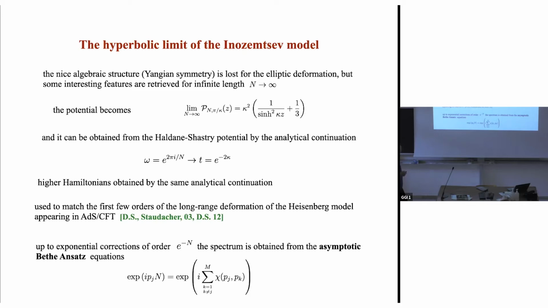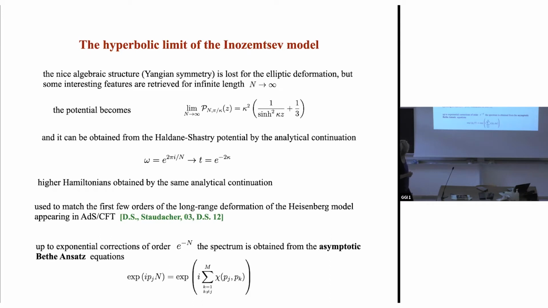So when kappa goes to infinity, you are close to the Heisenberg model, and the potential exponentially diminishes when the distance between sites is large. This type of property was used almost 20 years ago when the AdS/CFT integrability activity started.